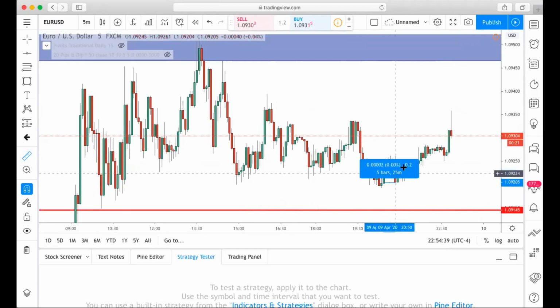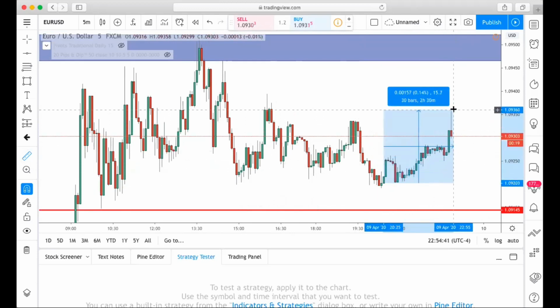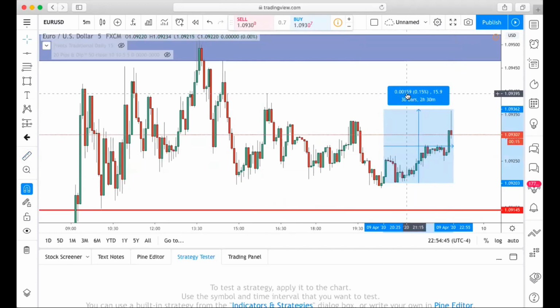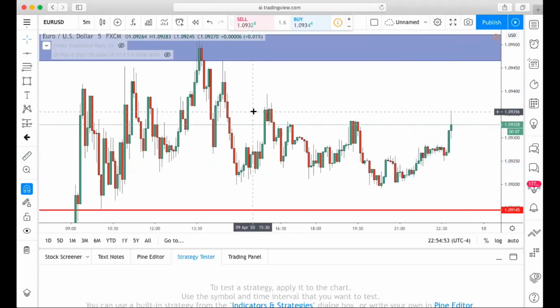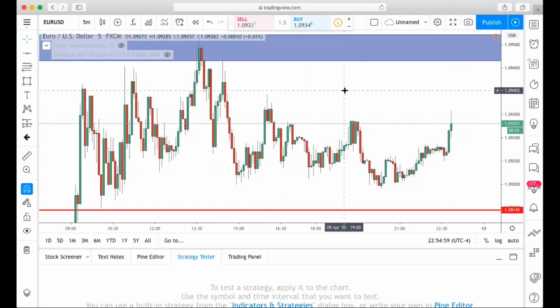You click it right there, and then you drag it up, and you count your pips. Okay. And if you see right here, that says 159, that would be 15.9 pips, you all right? I'll show you that one more time. Oh my goodness. Y'all see that market? That's real time, boy. I'm in this trade actually, so I'm waiting to see.